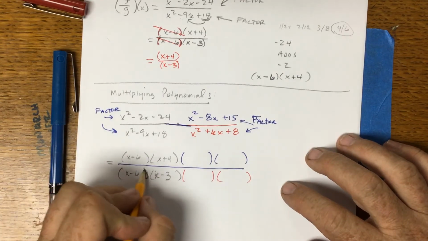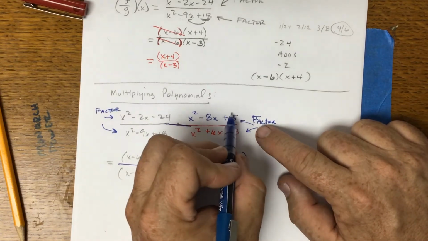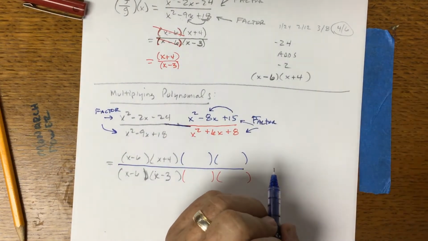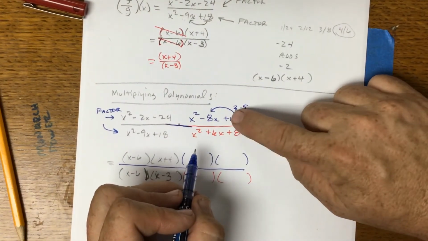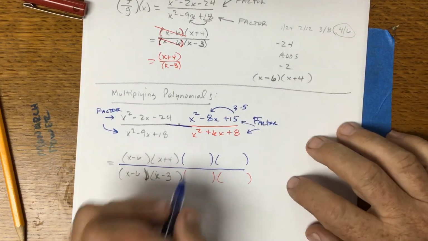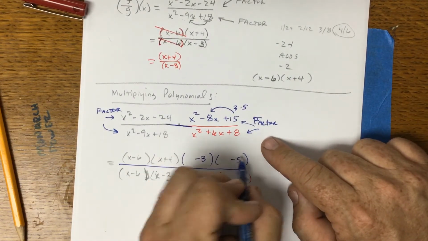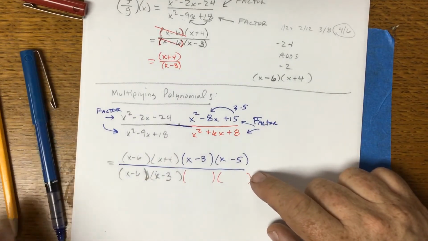Don't forget, some of you may be going, what's that? That's a parentheses. So what multiplies together to make 15 but adds to make 8? Well, 3 times 5 makes 15, but I need it to add to make negative 8, so I need a negative 3 and a negative 5, and an x and an x.